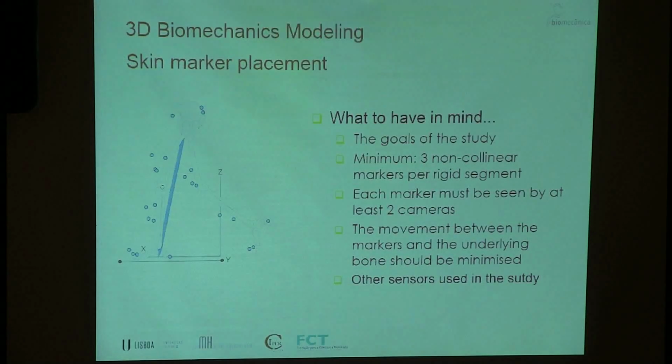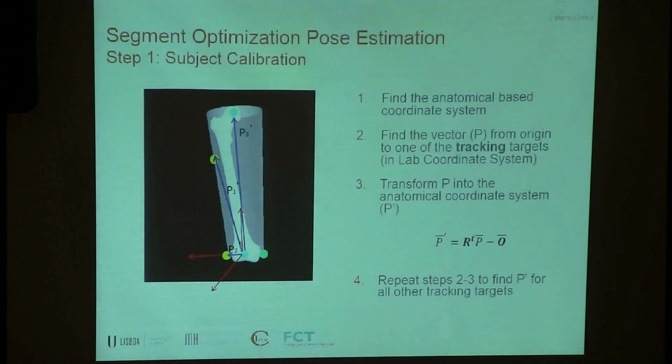These markers will have a relation with the skeleton. Each marker has to be related to a body segment, and we need at least three non-collinear markers to define the position of a body in space.